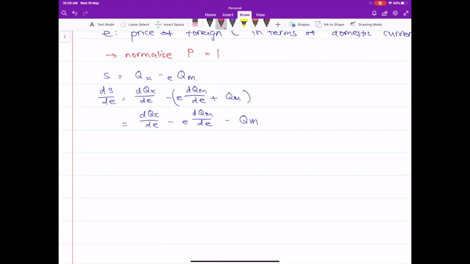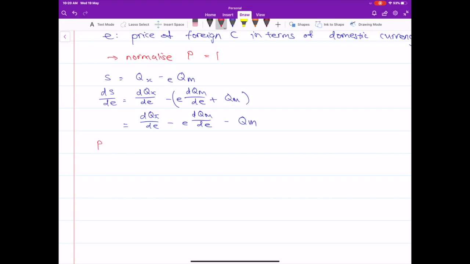So before I continue, I would like to highlight the mathematical concept of elasticity values. This is going back to microeconomics. Let's say the price elasticity of demand of a good refers to the percentage change of quantity divided by the percentage change in price, because you want to find out the responsiveness of the quantity of a good with respect to a change in price.